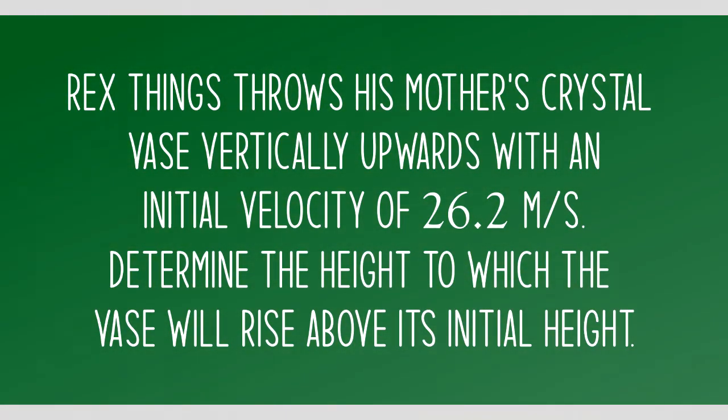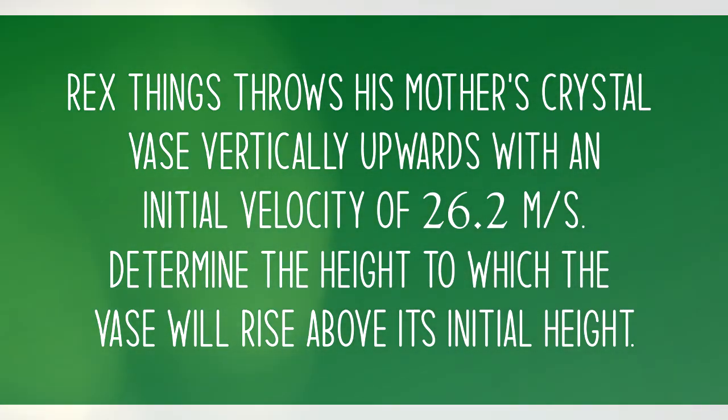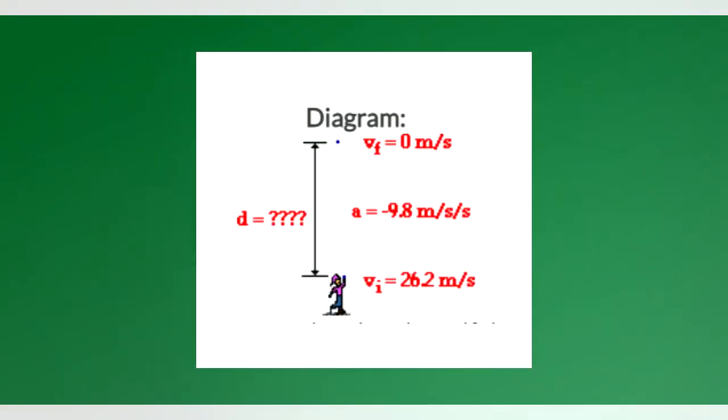Rex Things throws his mother's crystal vase vertically upwards with an initial velocity of 26.2 meters per second. Determine the height to which the vase will rise above its initial height. Once more, the solution to this problem begins by the construction of an informative diagram of the physical situation. This is shown below.